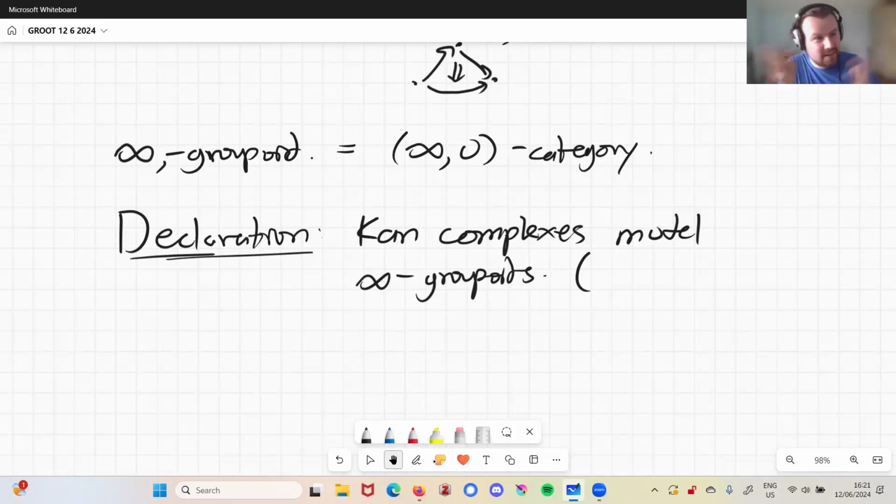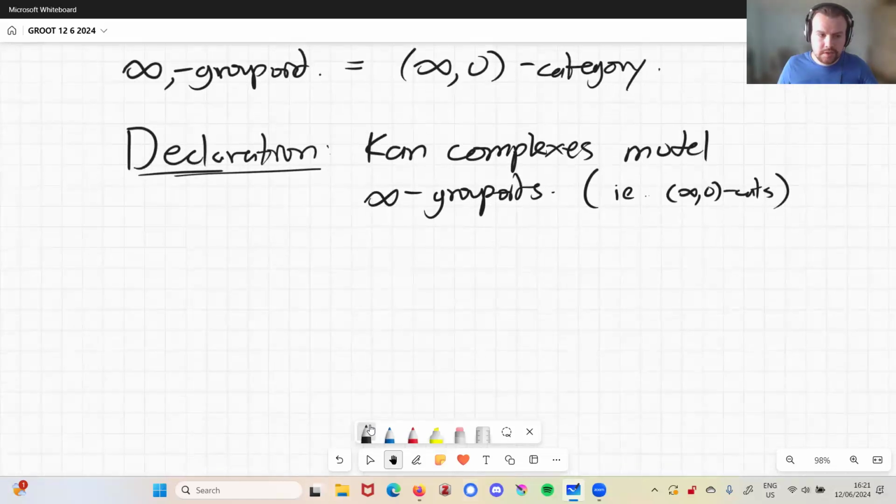In others, this is a definition. So depending on what model you're using, there are models of higher category where they prove the homotopy hypothesis as a theorem. It's not assumed. And there are other models where they assume it. So you can just have infinity groupoids for free. Infinity zero categories.